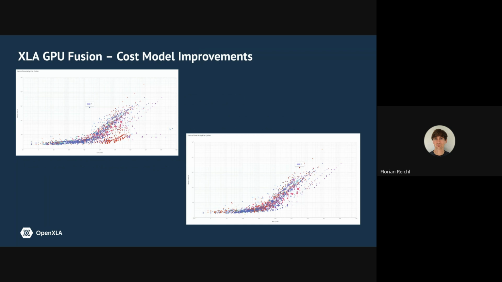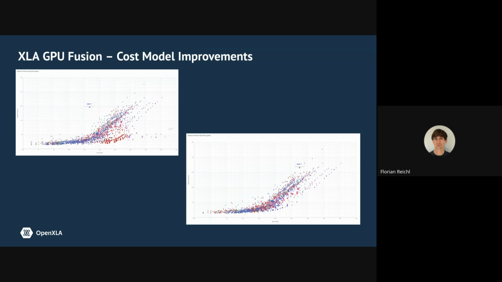Sorry, very silly question. Does it also include some GPU features as well? So it's not just sizes. What it does is it looks at the HLO, it looks at the memory intensity, the expected memory bandwidth, the flops, and in this particular before and after example here, one thing that was added on the right was the actual launch grid.